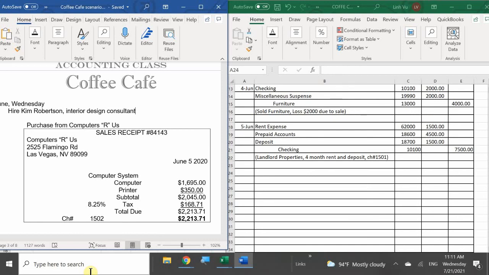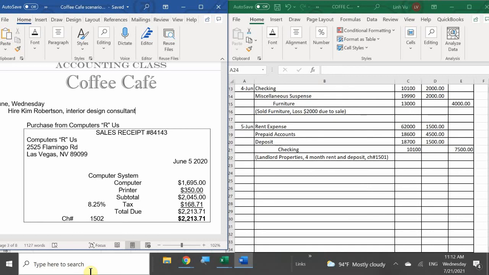But because we bought it in the store, we got subject to sales tax. So the tax right here was $168.71. In this case, my total amount paid was $2213.71, and I paid with check number 1502.